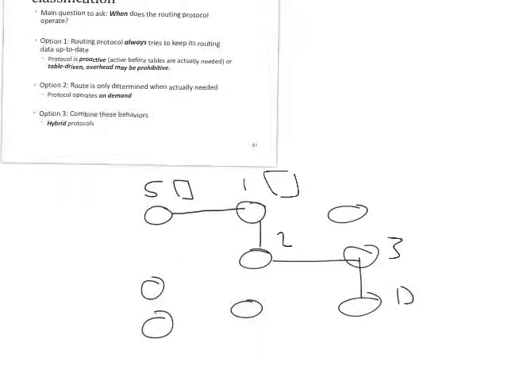This source will have D. If I want to send to D, I need to send to node 1. It will have an entry like this. If I have a packet and I want to send it to D, I should forward it to 1. That's what this means. This node will have an entry that says D 2.